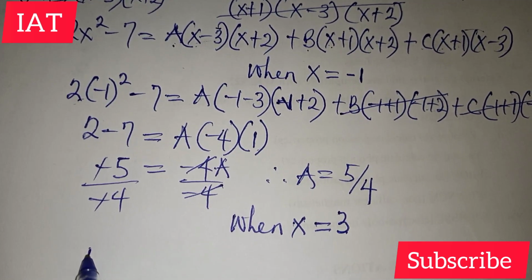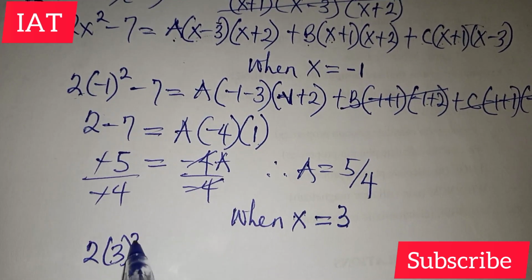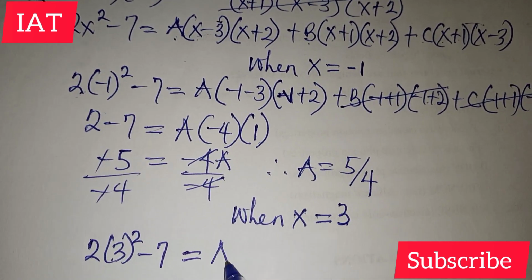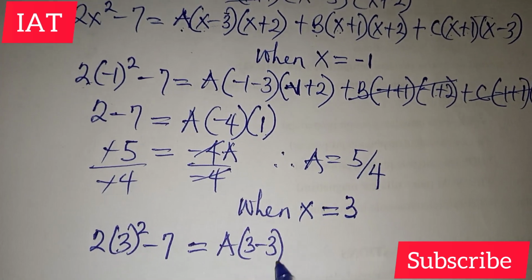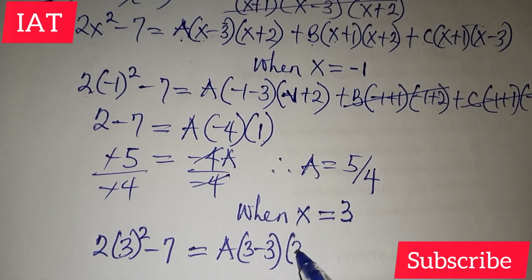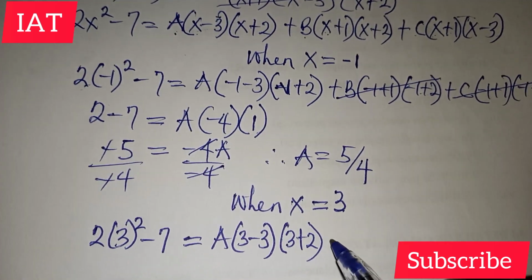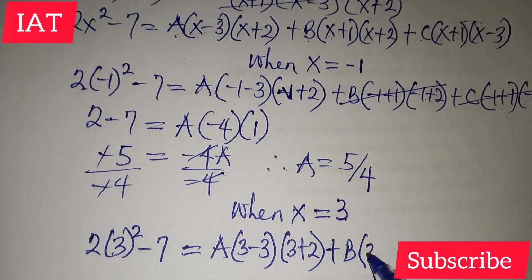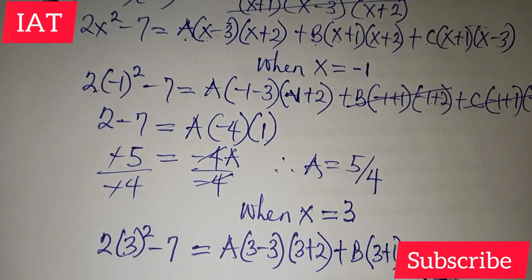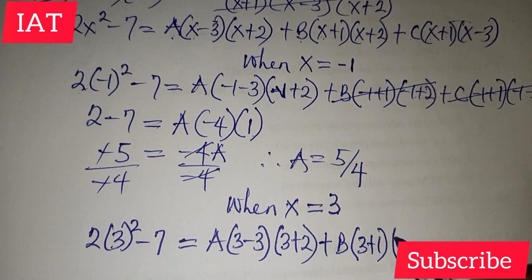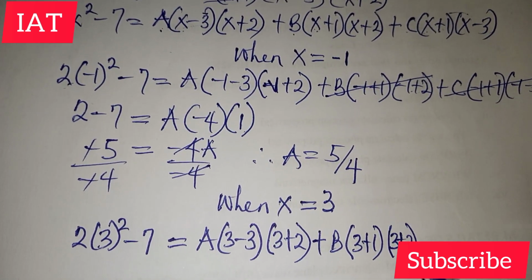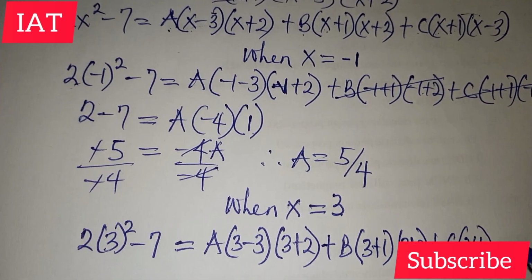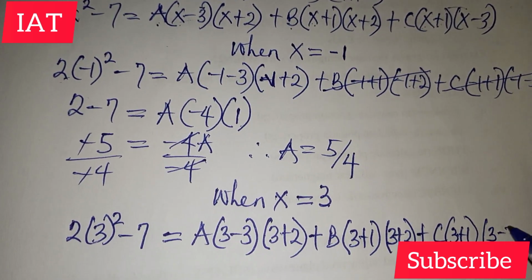So we then have 2 into 3 all squared minus 7, and this will be equal to a into 3 minus 3, and then we have 3 plus 2, and similarly we have b into 3 plus 1, and then we also have 3 plus 2, plus c into 3 plus 1 into 3 minus 3.